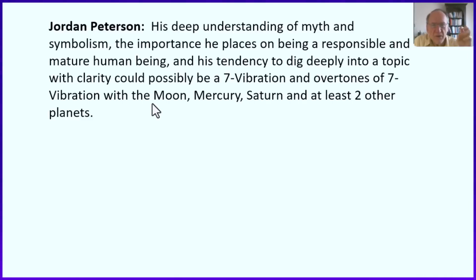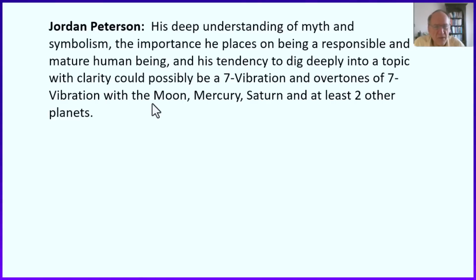He seems to have some kind of very strong 7 quality. 7 often inclines to be dignified, even to have a kind of gravitas, which he has. He dresses nicely, a little bit formal, but at the same time being expressive. But he's formal, with some gravitas, the depth of his discussions.